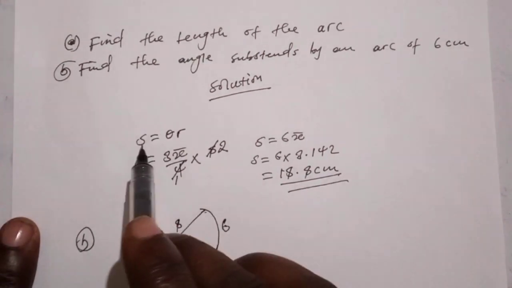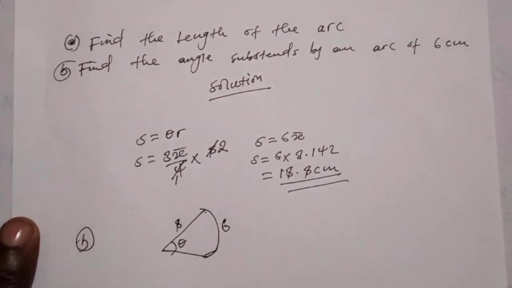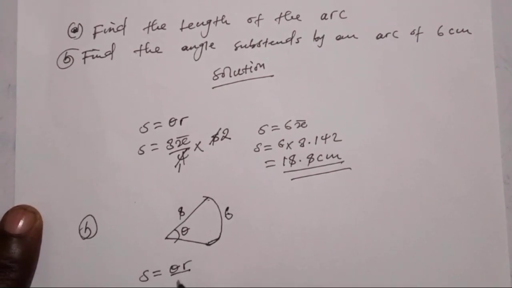So we have to make theta the subject of the formula in this equation, S equals theta r. Then if you divide by r, we are left with theta equals S over r.